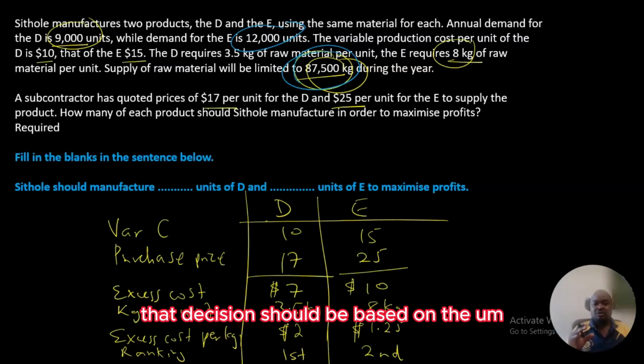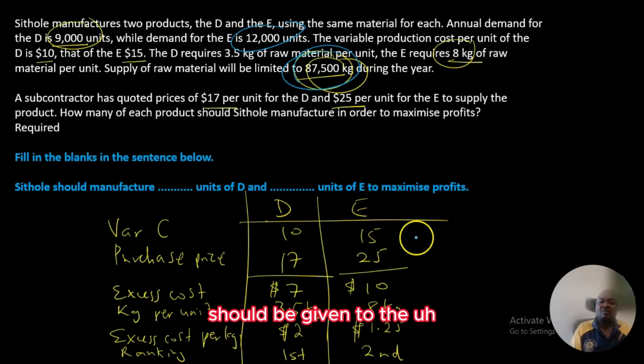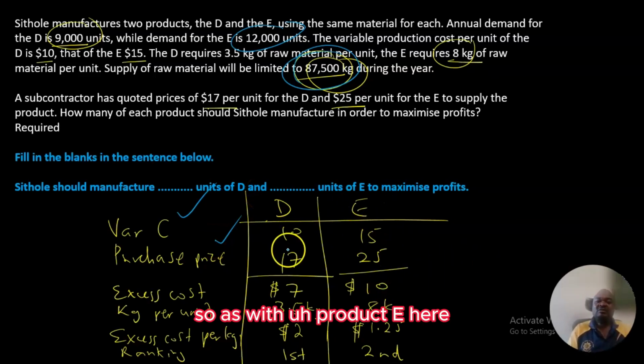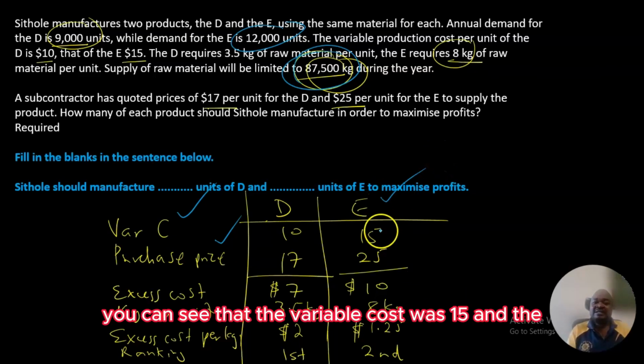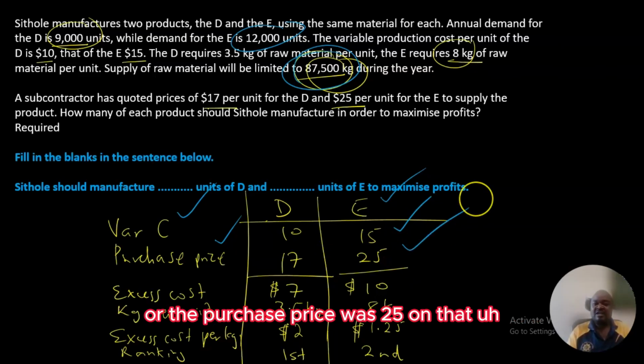That decision should be based on various factors, but the first consideration should be given to the comparison between variable cost amount and the purchase price. So, as with product A here, you can see that the variable cost was 15 and the purchase price was 25.